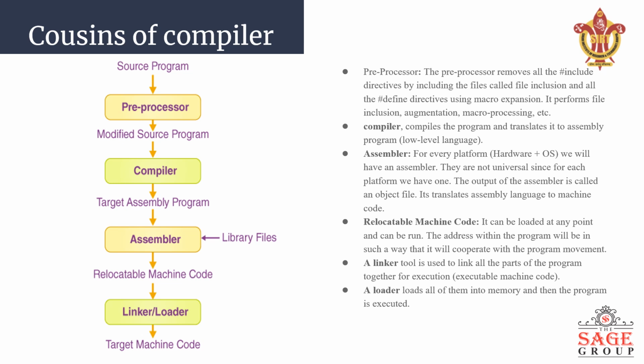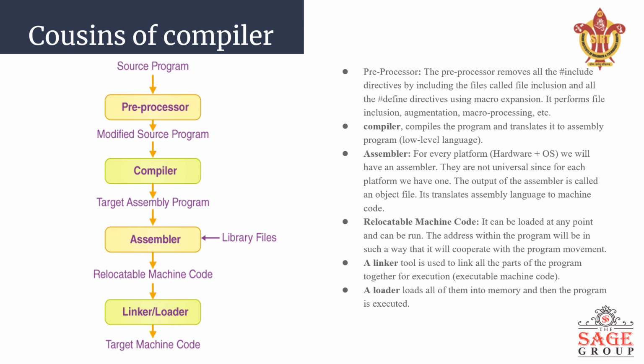So it's the responsibility of the linker, which links all parts of the program together for execution, to create the exe file. Because without the exe file, we are not able to run the program.